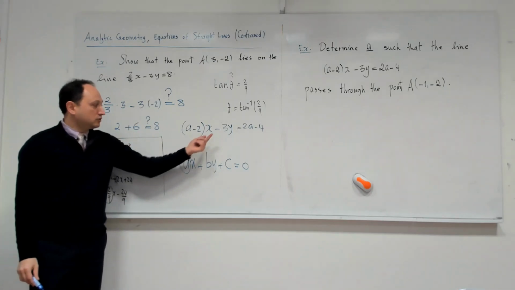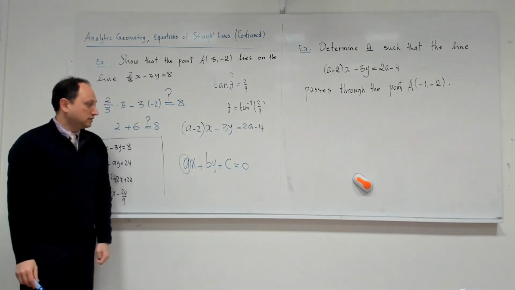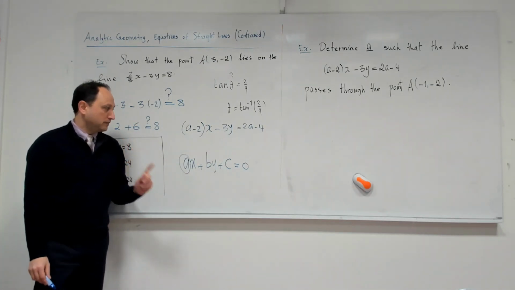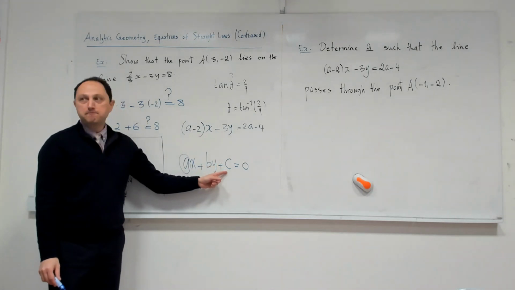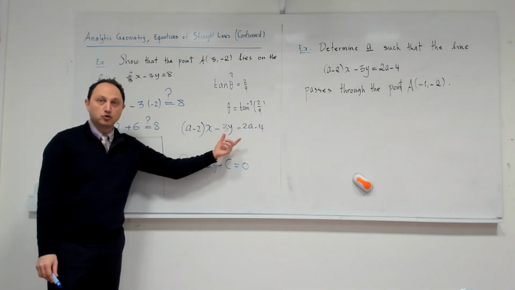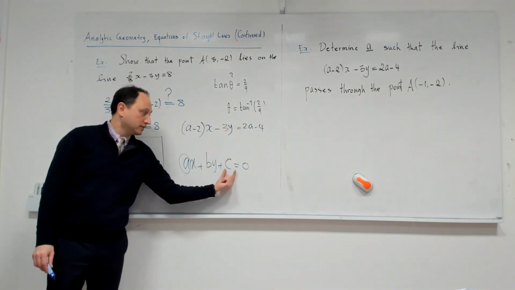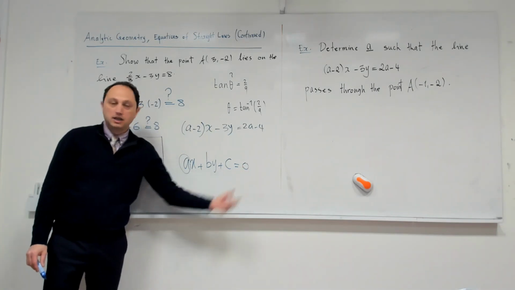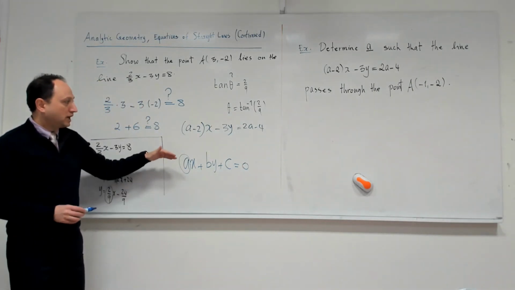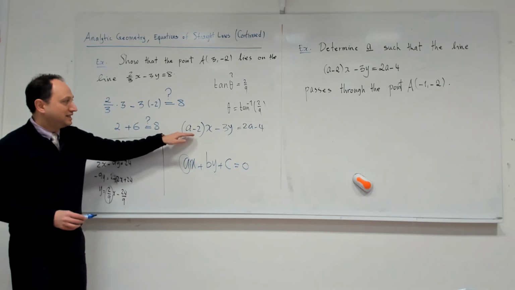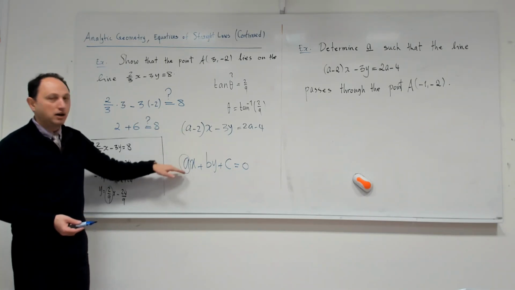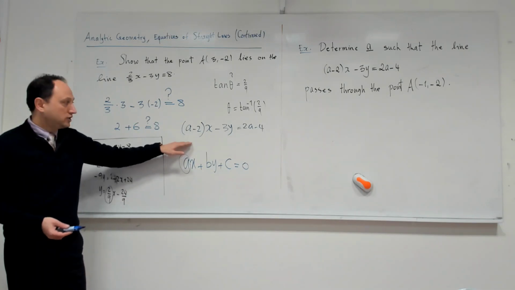What is playing the role of B? Minus 3. You need to keep that sign. What is playing the role of C? 2a minus 4. No, minus 2a plus 4, because you have to move it to the left and make it 0. But don't worry about that. I want you to understand that, even though it is a little bit complicated, this is in principle a line, because its equation is of this form.